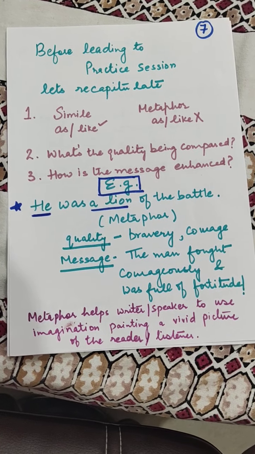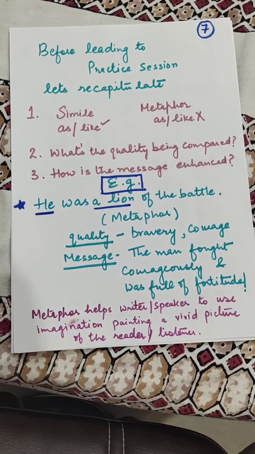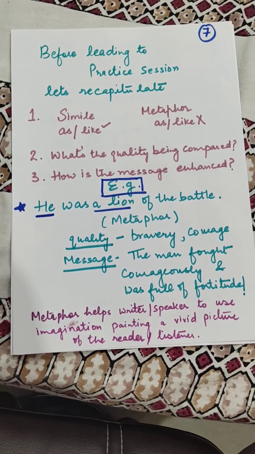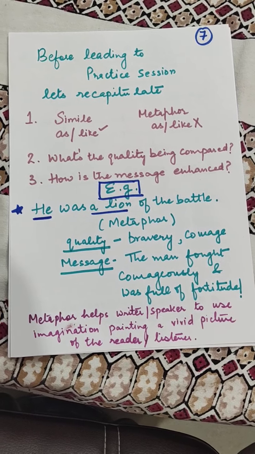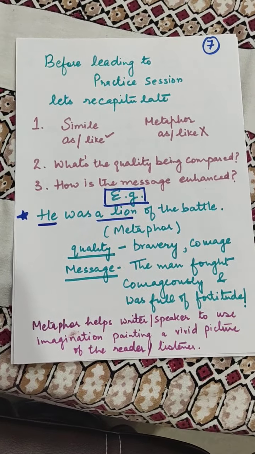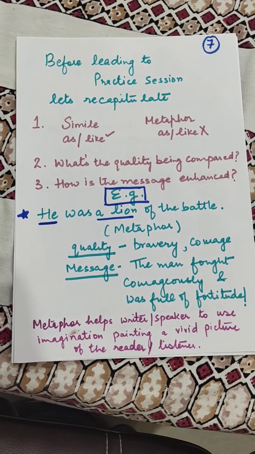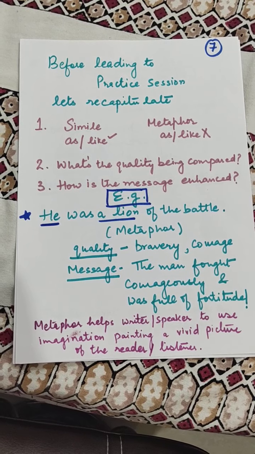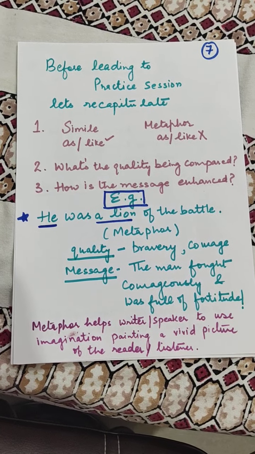It's a metaphor. Why? Because there is a direct comparison. He has been likened to a lion when he fought in the battle. With no as or like used, the quality enhanced here is the bravery, courage of that man who fought the battle. The message is definitely enhanced.